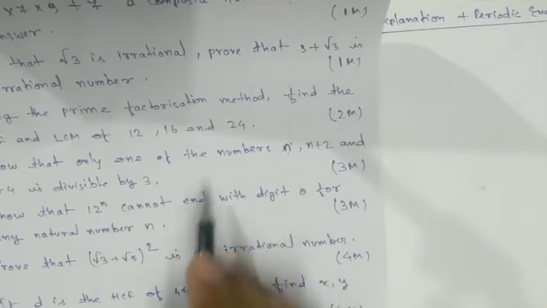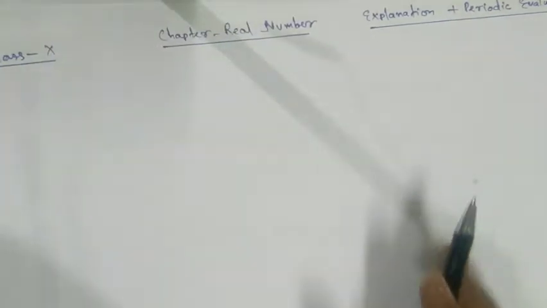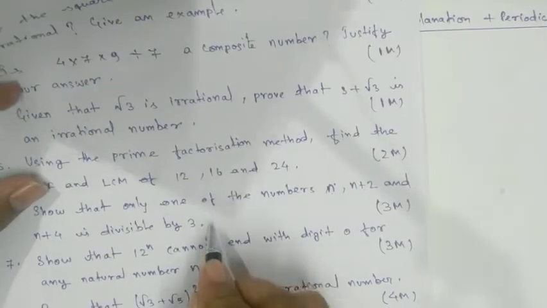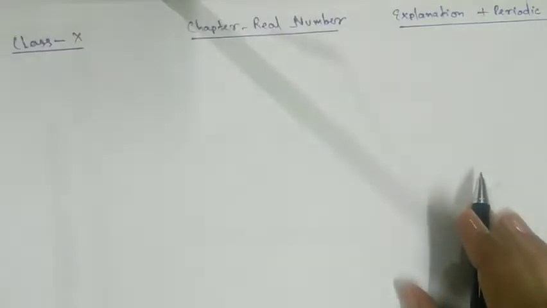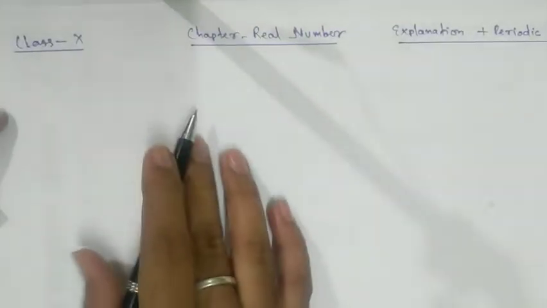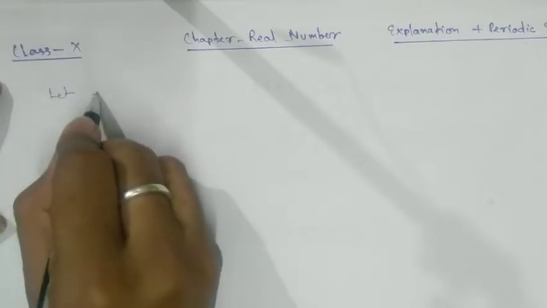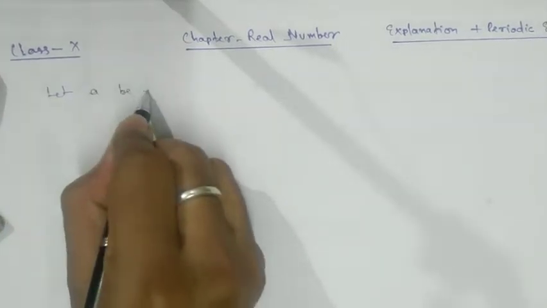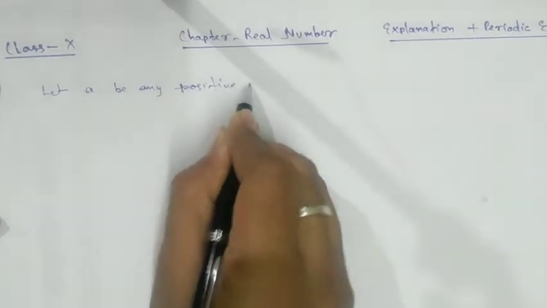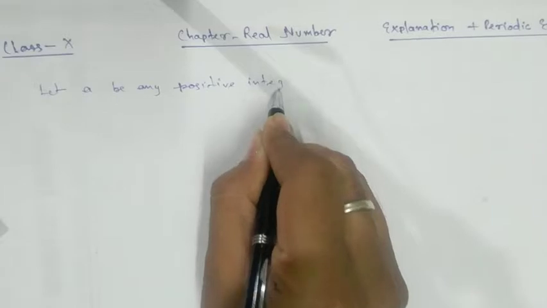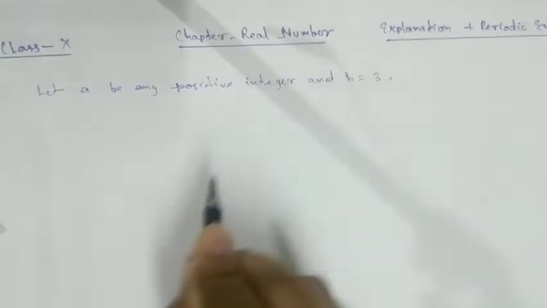Here they are saying any number. I forgot to write here, n belongs to any positive integer. We know that this is divisible by 3, so let a be any positive integer and b equals 3.